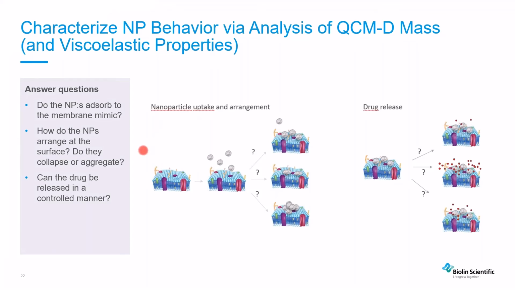First of all, we form the membrane on the sensor surface. We introduce the nanoparticle drugs. We can see if they attach more evenly distributed, if they collapse or aggregate on the surface. And then how is the drug released? Do we have a complete release or partial release?